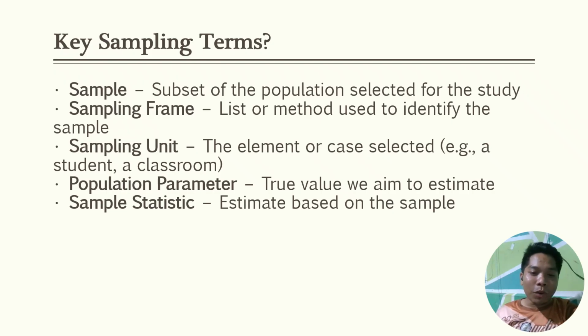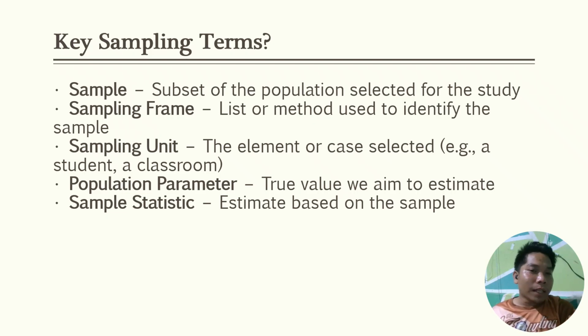This is the element or case selected, for example, student or a classroom. It could be an individual like a student or a cluster like an entire school or a smaller cluster, for example, class section per grade level. So that could be used as your sampling unit.